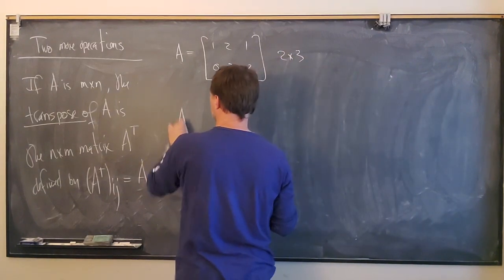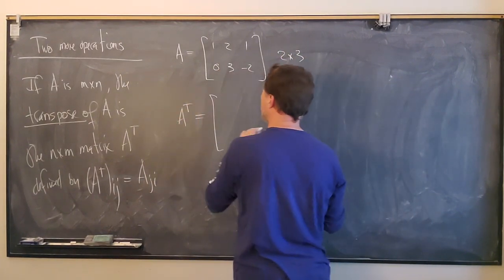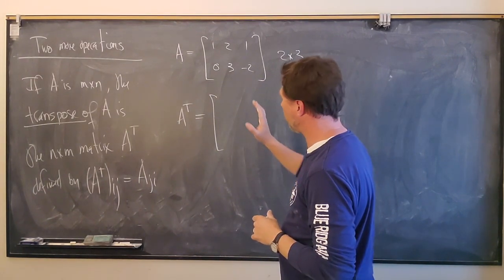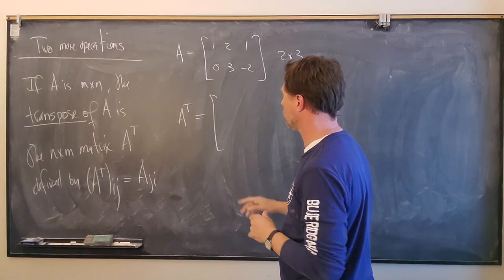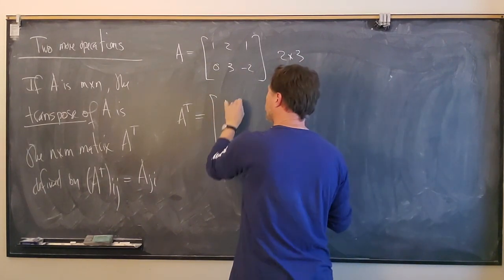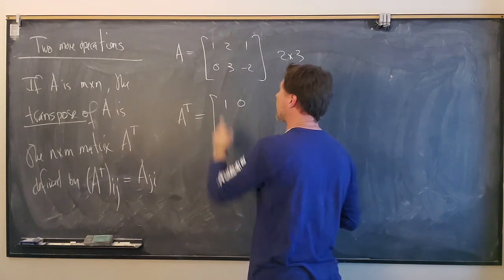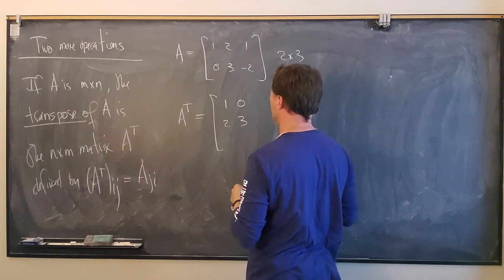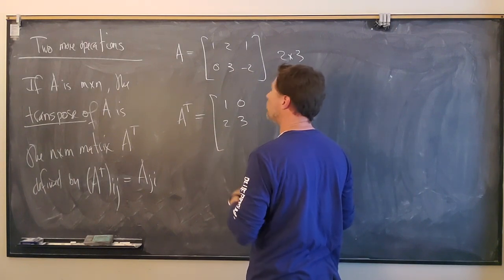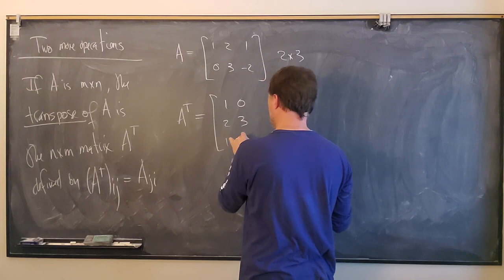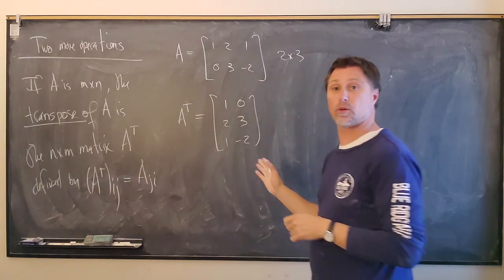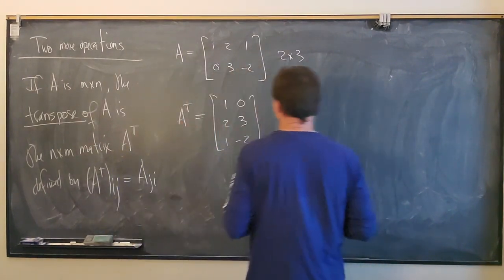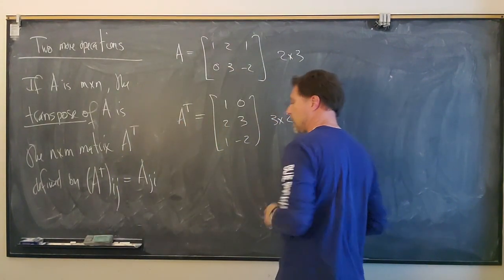A transpose is going to be a 3 by 2, and so the first row of A transpose is the first column of A. The next row will be 2, 3, because that's the second column of A. The third row of A transpose will be the third column, so it'll be 1, minus 2. Right, so interchange the roles of row and column, and you've got the transpose. And there's a 3 by 2.